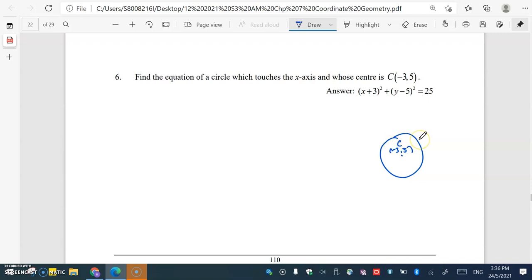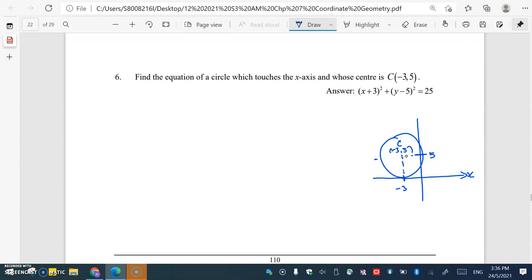If this is my center, I know the circle touches my x-axis. This point here is negative 3, and this is 5.